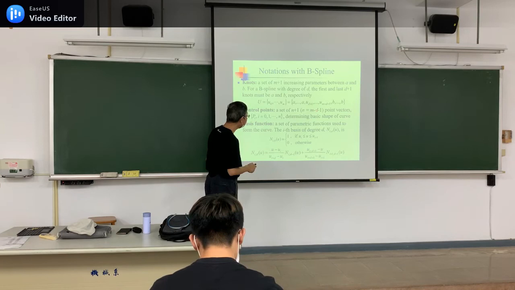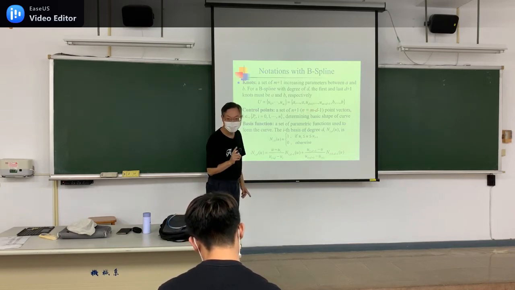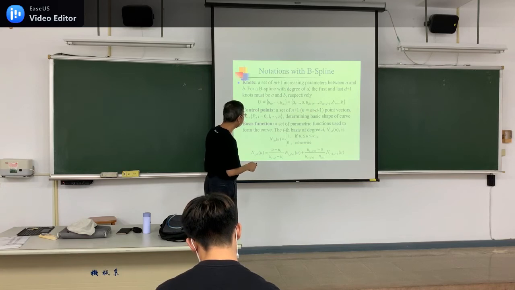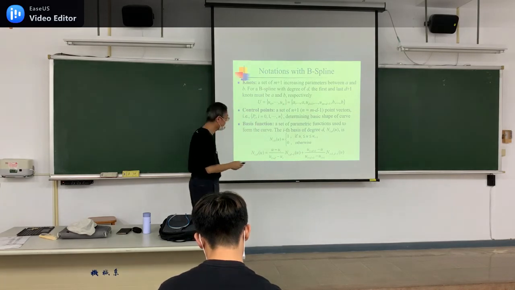Okay? So m equals 5 plus 3 plus 1, so it's 9. We have m equal to 9. m equal to 9 means that you have 10 knots, u0 up to u9, 10 knots. Okay?